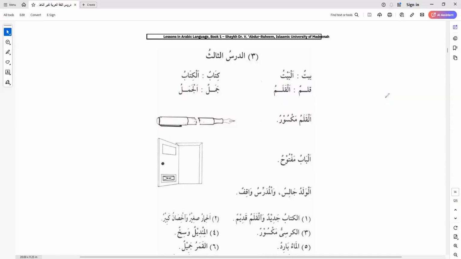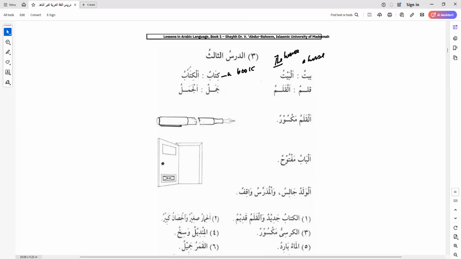So I hope you've understood these 4 examples. Let's go over it again. Baytun, a house. Al Baytun, the house. Why am I saying the house? Because of the al. The al in Arabic means the. Kitabun, a book.